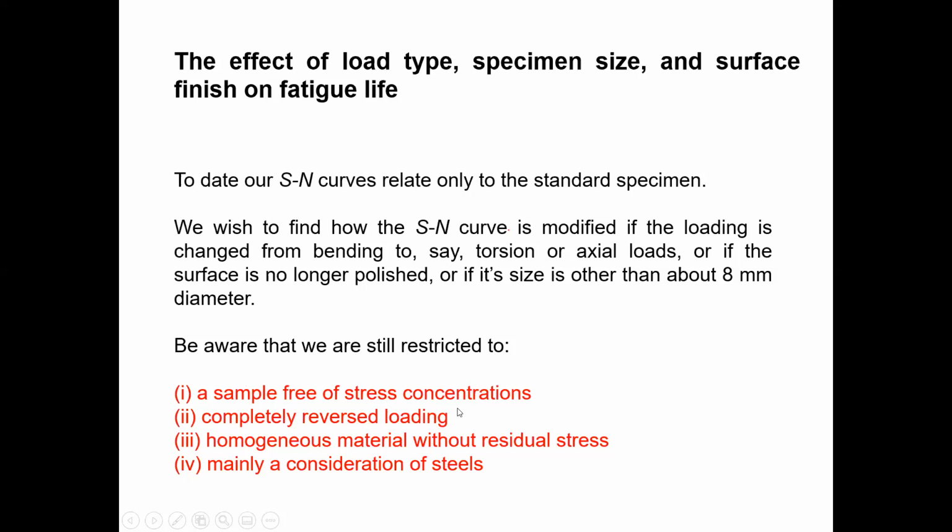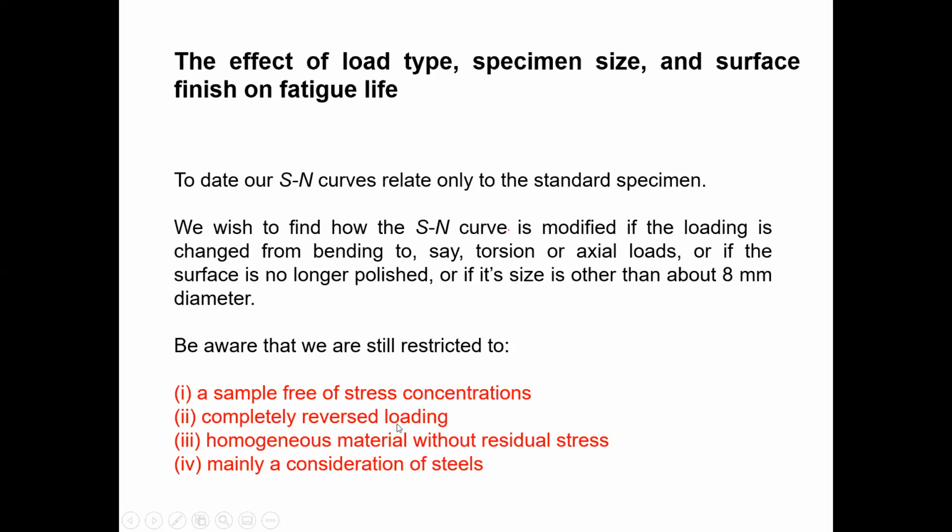That means there are no holes or defects, no cracks, no holes, no pilot, no groove, no kind of stress concentration in the sample. We assume the sample is free from stress concentration, and complete reverse bending. Still we stick with complete reverse loading.